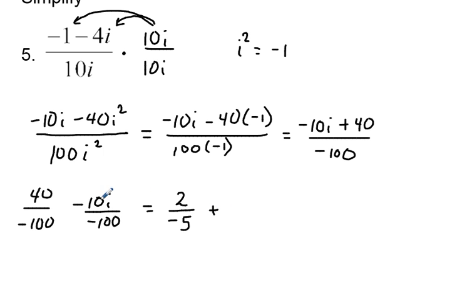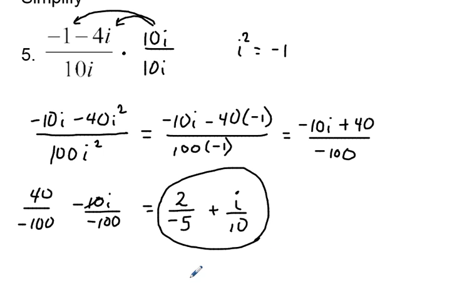The biggest number that goes into 10 and 100 evenly is 10. Now when I take 10 and divide it by 10, this will become 1, so I'm going to be left with i on top. And the 100 divided by 10 will be 10, so your final answer will be negative 2/5 plus i over 10.